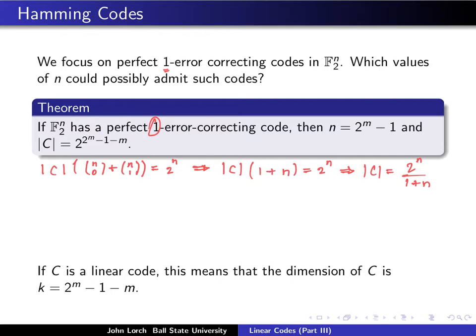And the only way that can happen is if 1 plus n is another power of 2, right? The only divisors of 2^n are other powers of 2. So therefore, 1 plus n has to be equal to 2^m for some m.